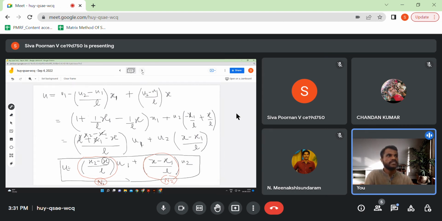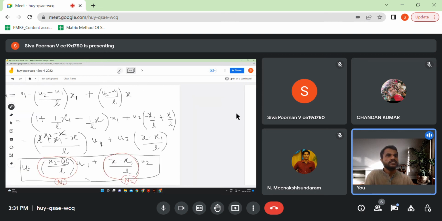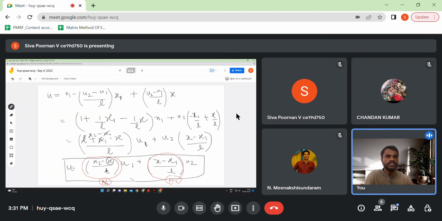So when x becomes x1, which is the starting point, and this is the ending point x2, when x becomes x1, I know it is just 1, right? And slowly, when x increases, this whole value decreases because it becomes negative, right? So when x becomes x2, which is the extreme value at the right point, it's 0. 0 by L is 0, right?